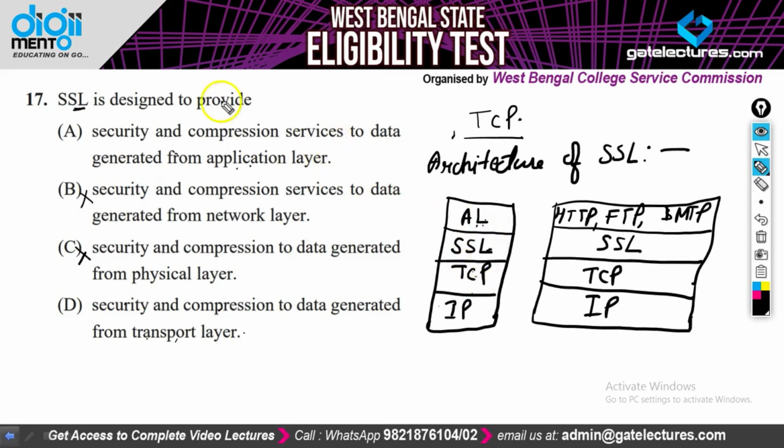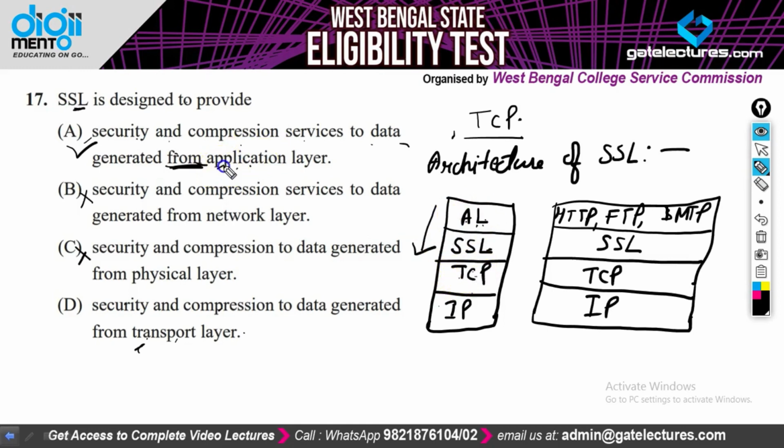So read the options carefully. SSL is designed to provide security and compression services to data generated from application layer. So this option is right, not from the transport layer. Our data goes like this, no? From application layer to then TCP, and then IP, and then again from IP, TCP to the application layer of the destination. But our data from the application layer then goes to TCP.